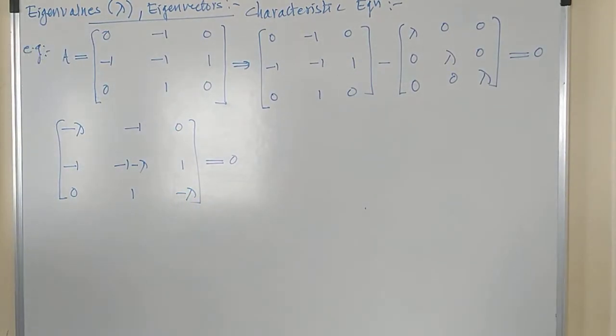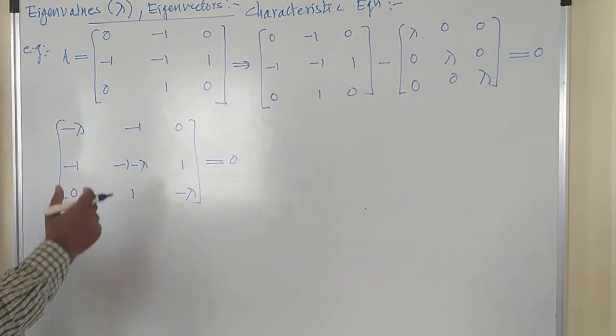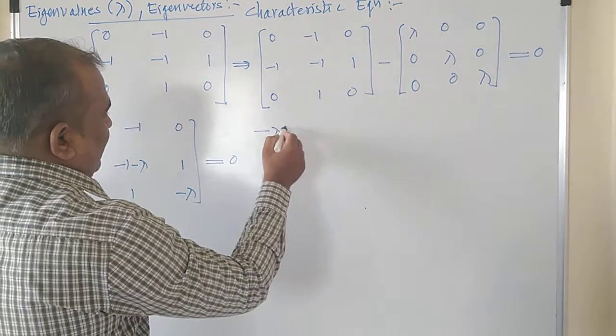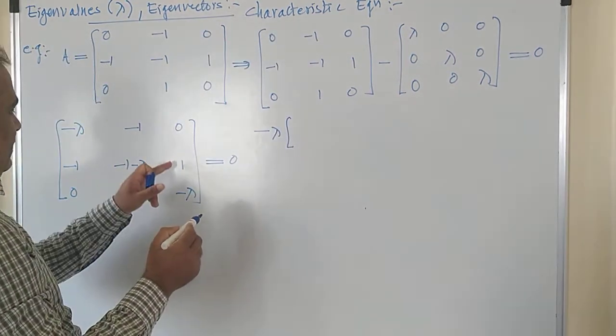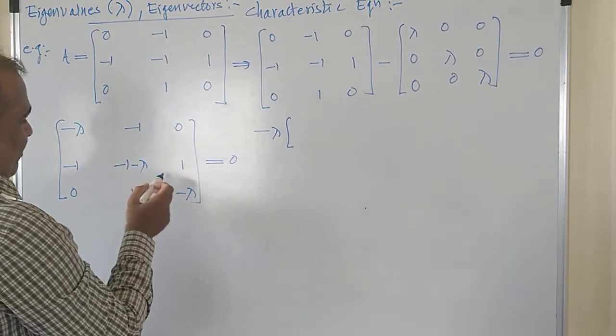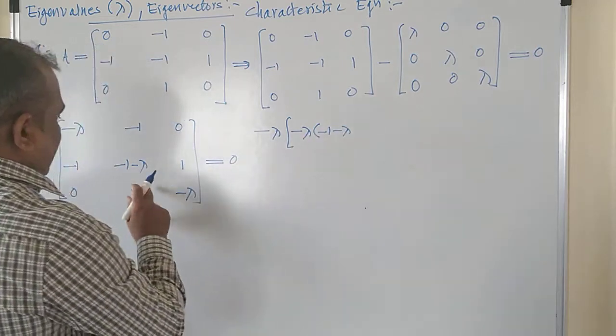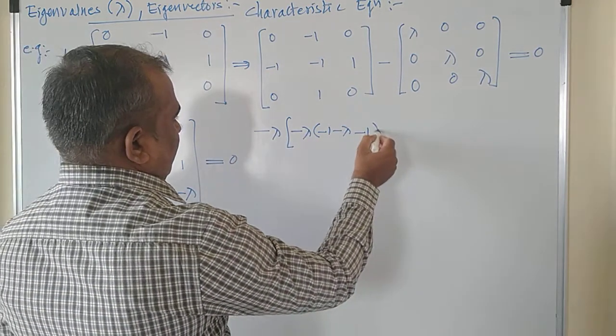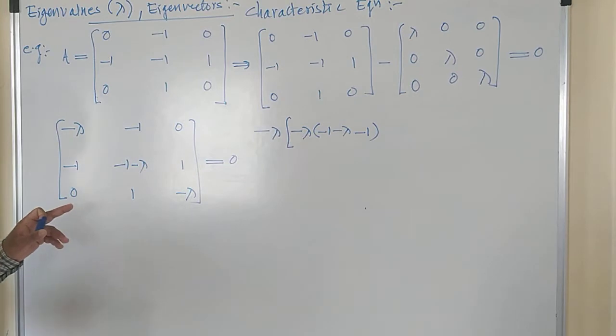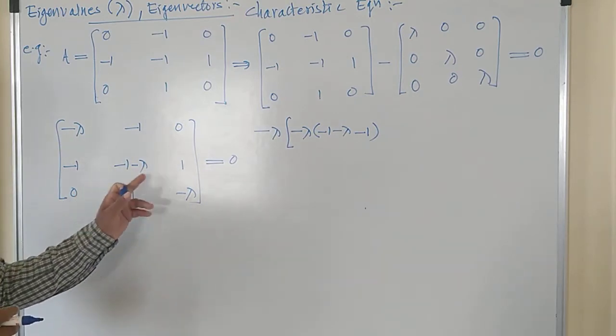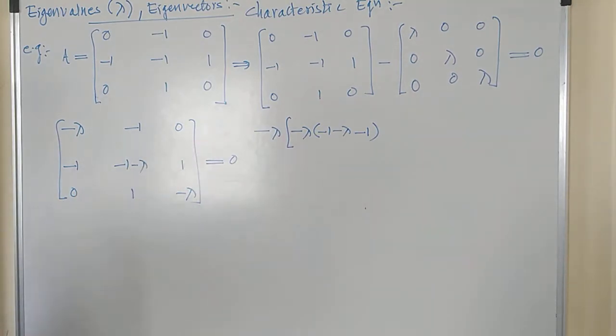Now to solve this and get the eigenvalues of the matrix: minus lambda into the multiplication of these elements will be minus lambda into minus 1 minus lambda, minus 1, and the multiplication of this is minus 1.